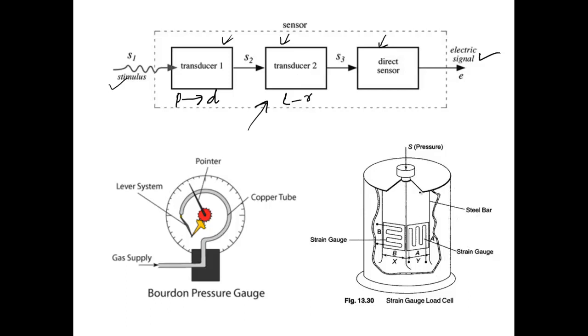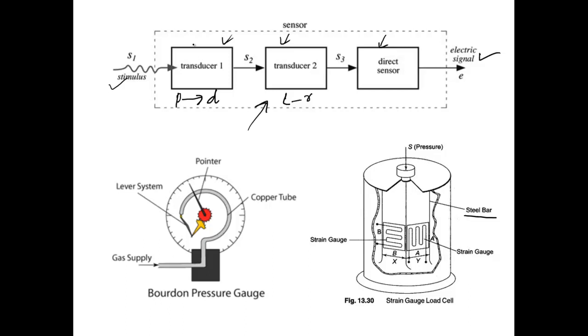Similarly, you have a strain gauge based load cell, where we apply a pressure, and we have a member, which is the steel bar here, and we put strain gauges on the steel bar in different ways in the form of a strain gauge rosette, and then we measure the strain on the member or the stresses on the member. In this case, the pressure or forces that we apply cause deformation of the steel bar.